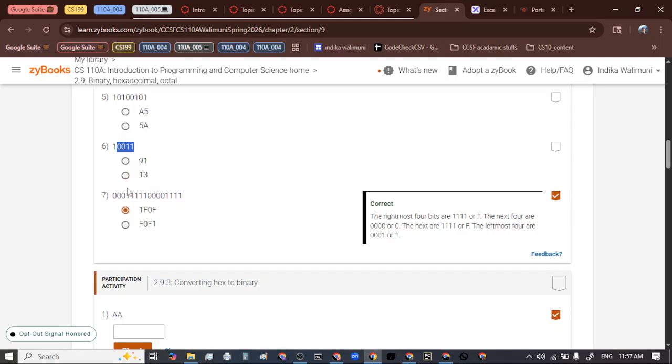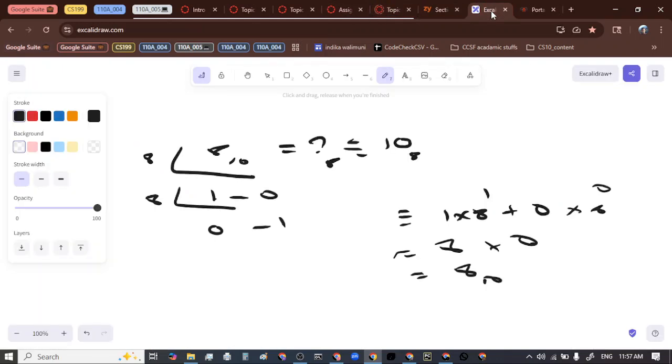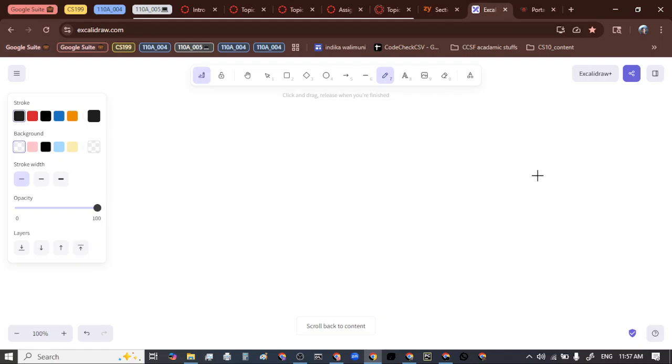When you write this, let me go to this one and quickly show you guys. We have 1 0 0 1 1. This is the first group, this is 13. The next group should also be 4 groups of binary bits, so you can imagine or write 3 more zeros to make it a group.